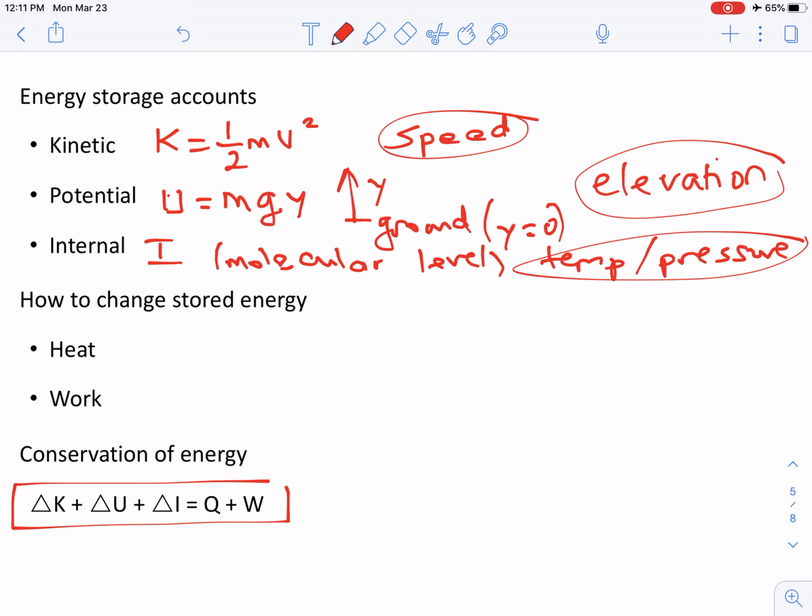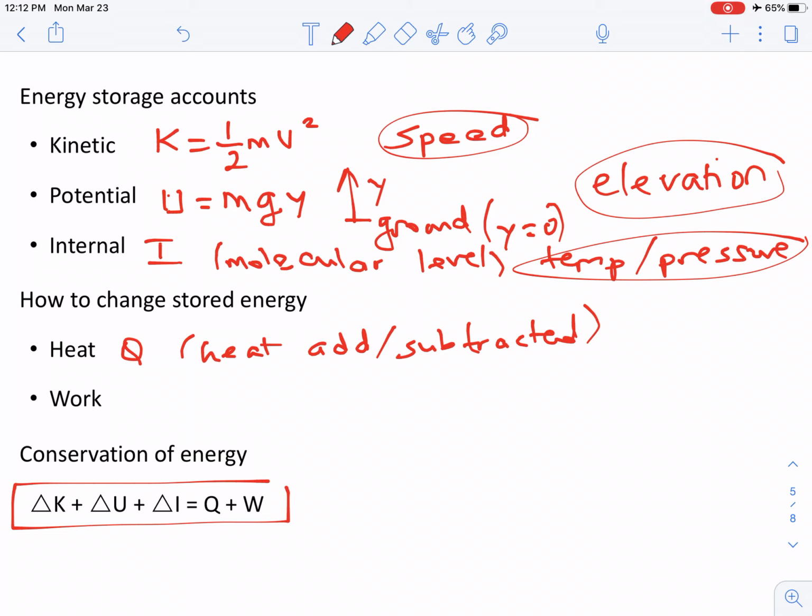But let's also talk about what goes on the right side of the energy conservation, which is heat and work. So heat, we are going to use the symbol Q, and there's no equation for this either. If there is heat added or subtracted from the system, then Q stays there, and then we are going to find out what's going on.